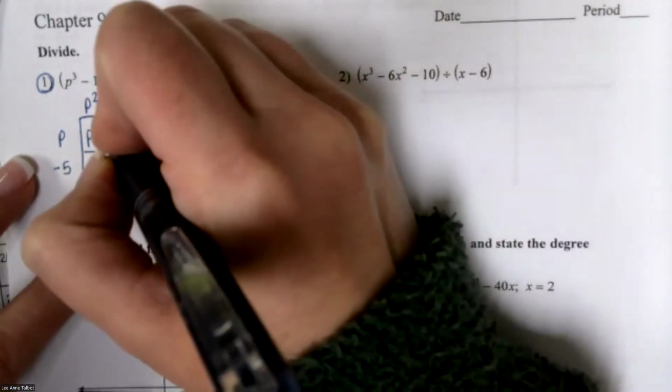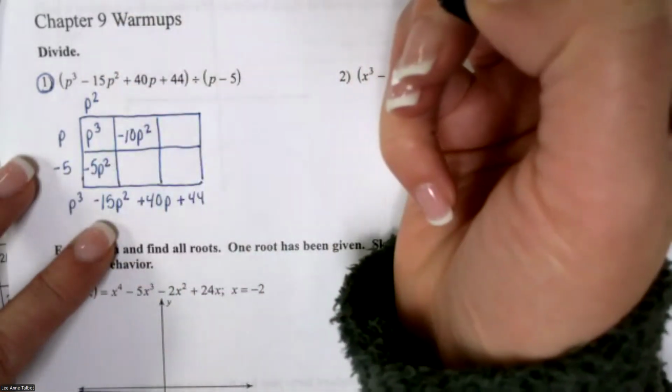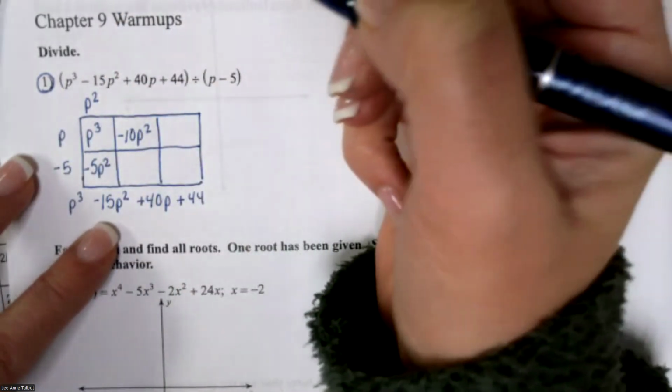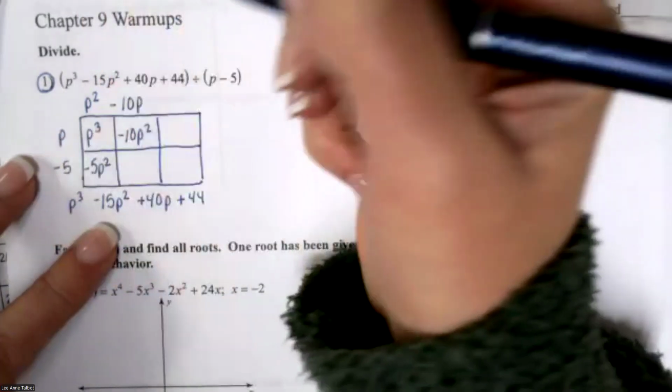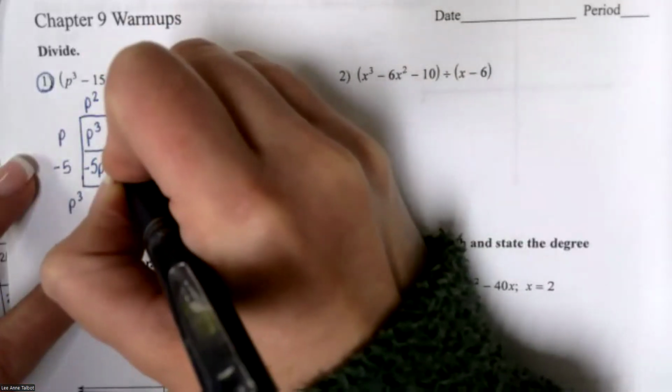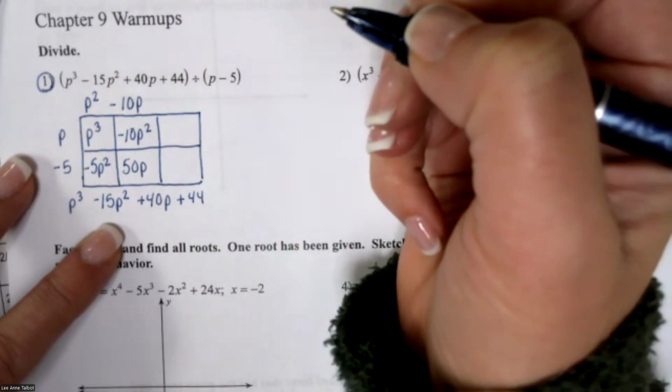Looks like I need negative 10 p squared. Negative 10p, 50p, negative 10 again.